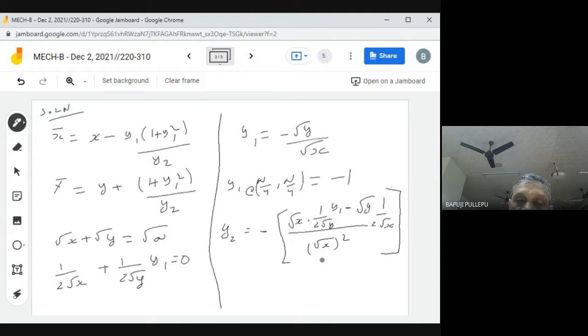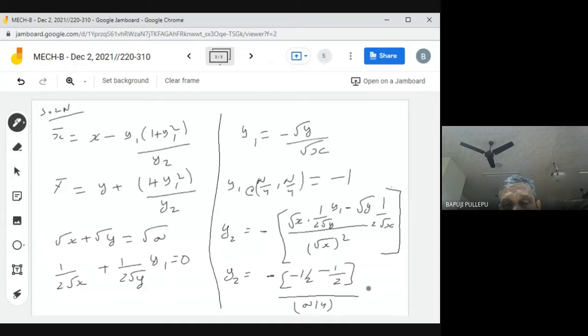So y2 is equal to minus of 1 divided by a by 4, the root will cancel.